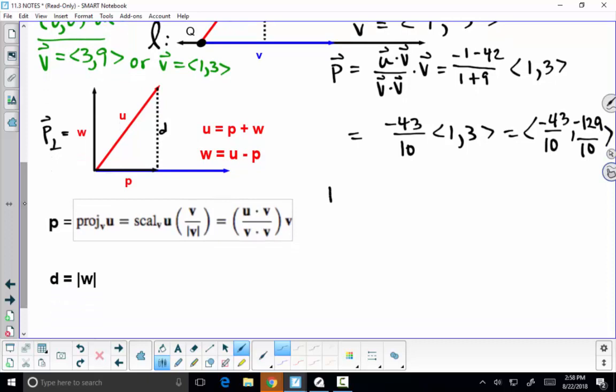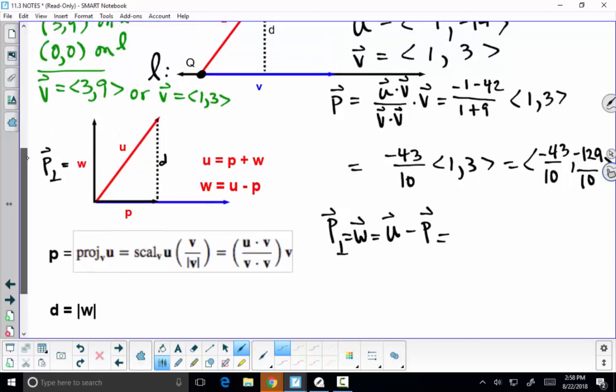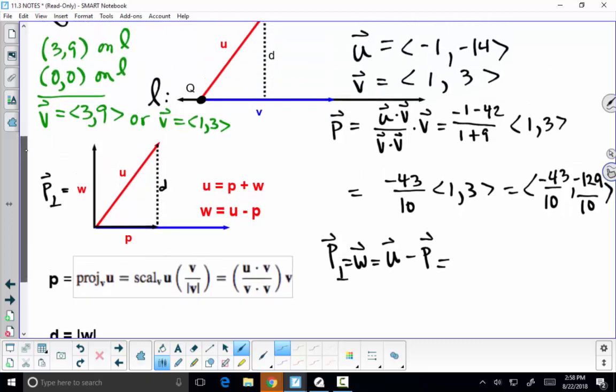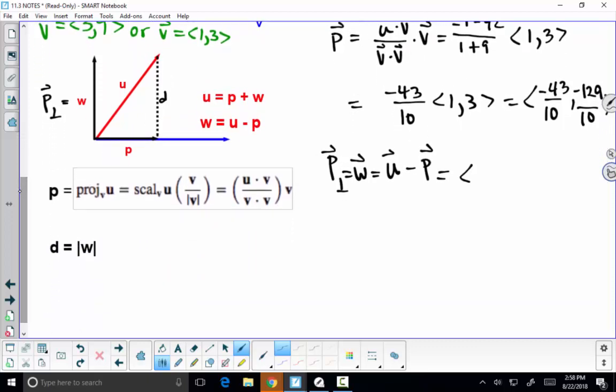Vector p perp, or in this case they called it w, is going to be vector u minus vector p. Vector u is the vector we started with, (-1, -14), minus p. I'm going to distribute the minus sign to make it a plus.